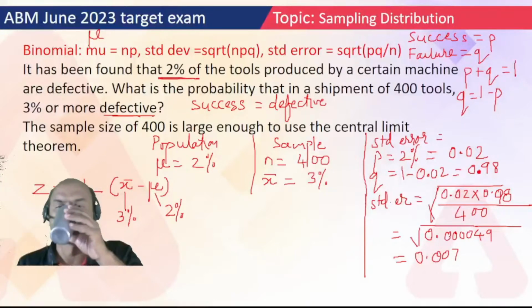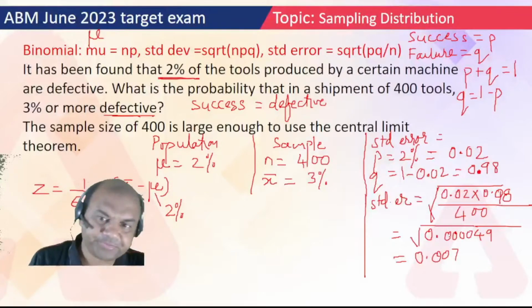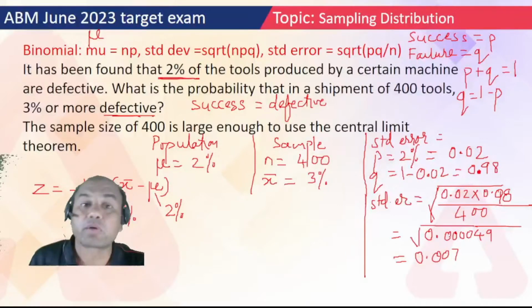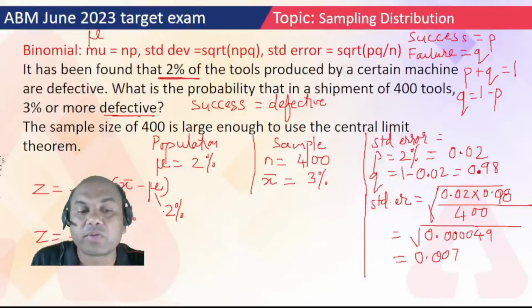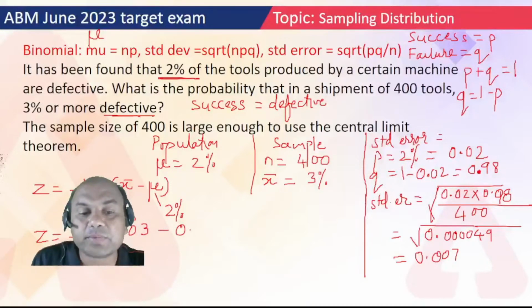So Z is 0.01 upon 0.007, and I'm getting 1.42. You must get this as 1.42. Type yes in the comment section if you got Z equals 1.42. Got it? Next one.